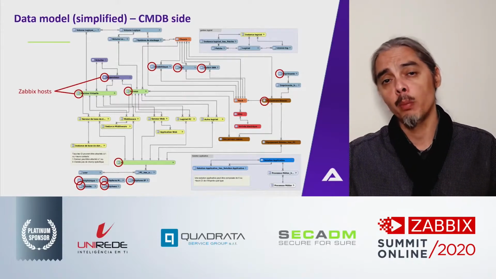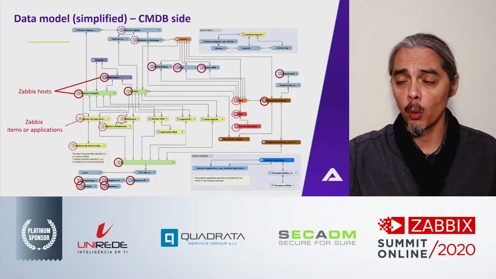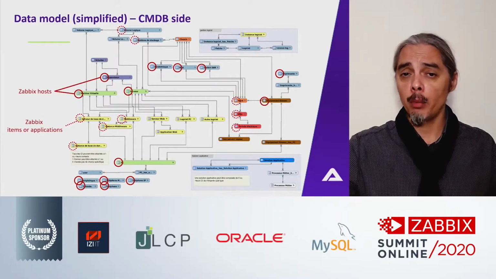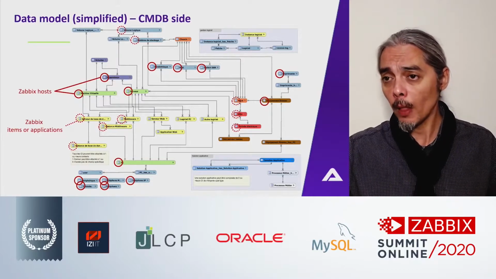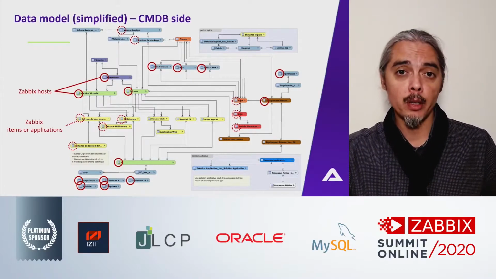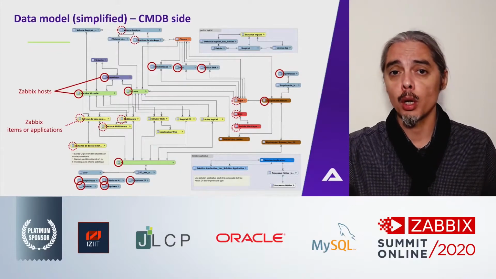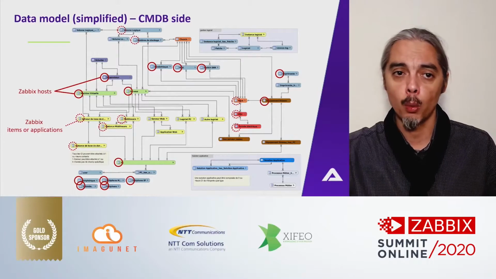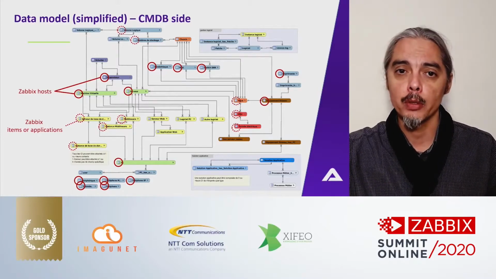So we have the same complexity on the other side. And when we start looking at items, we see the same thing. An item under Zabbix could be an application, a middleware instance, a database instance, and such. And it's also going to be different things within the CMDB. So one item may be multiple things.